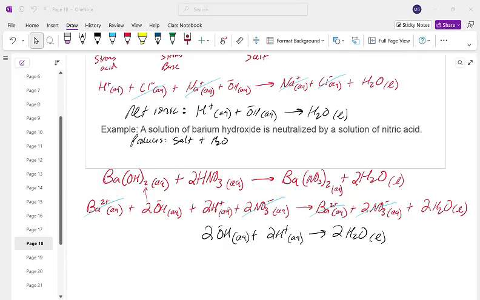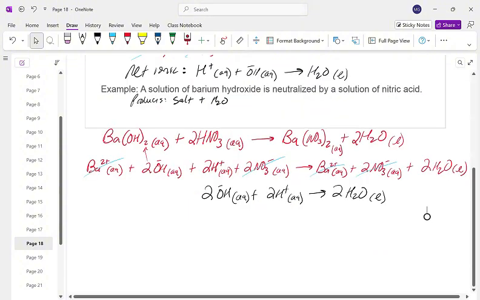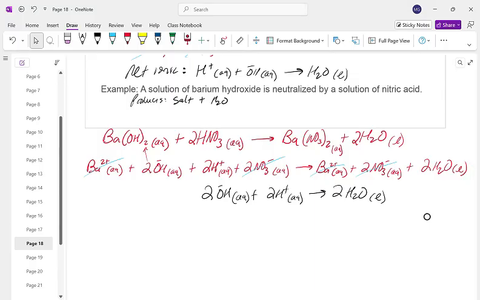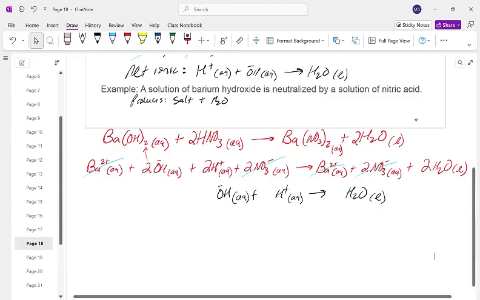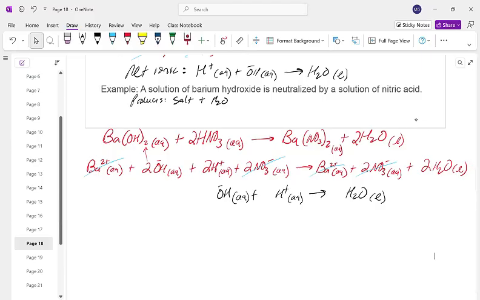So remember what we had said, one of our ground rules for balancing equations was that all of the coefficients had to be in the lowest terms. So since each of them has a coefficient of 2, I divide all of them by 2, and that gets me to a properly balanced net ionic equation.